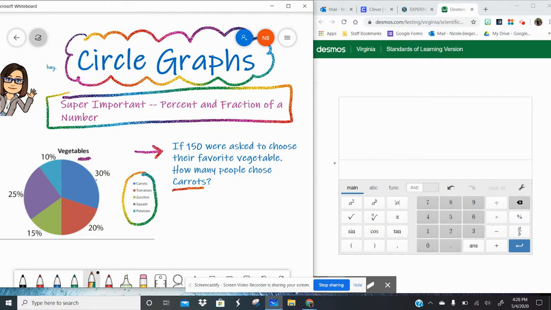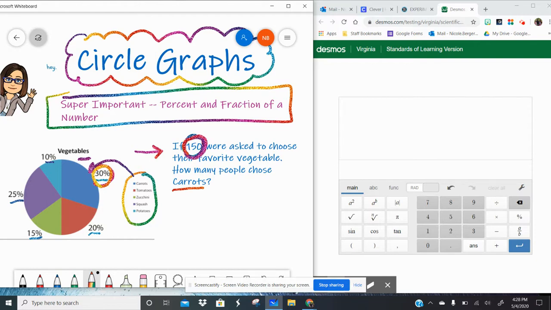This one shows us percentages for each pie piece, or circle graph piece. Carrots is this blue right here. So carrots is 30%.